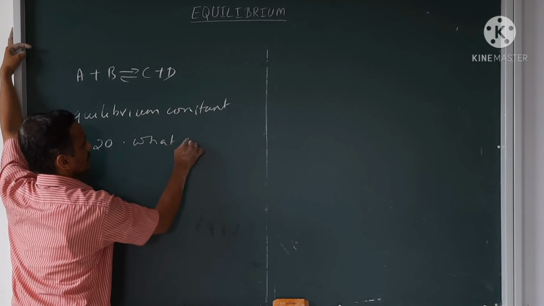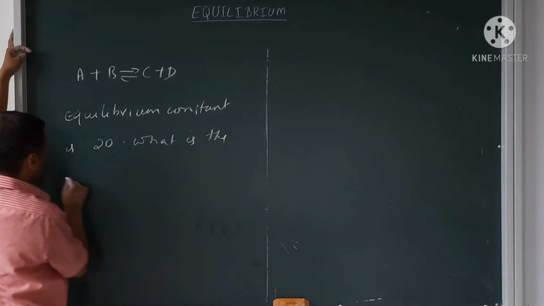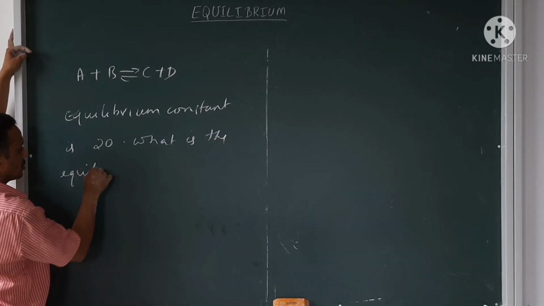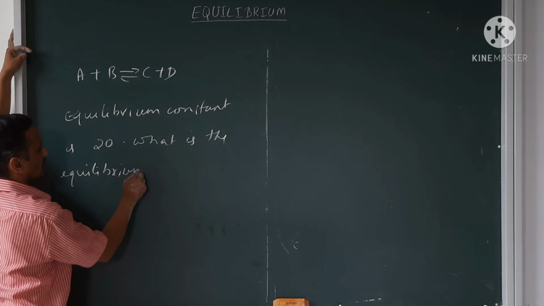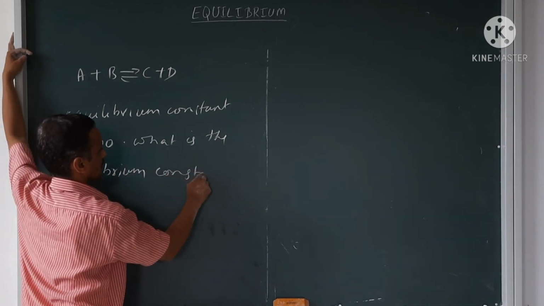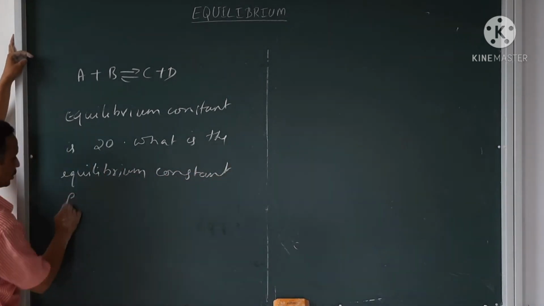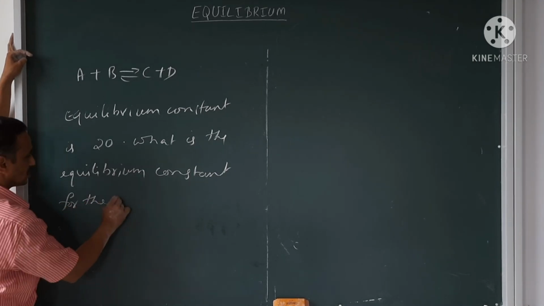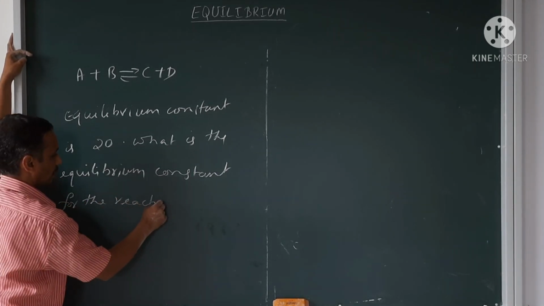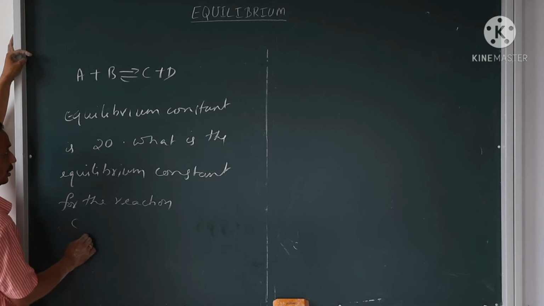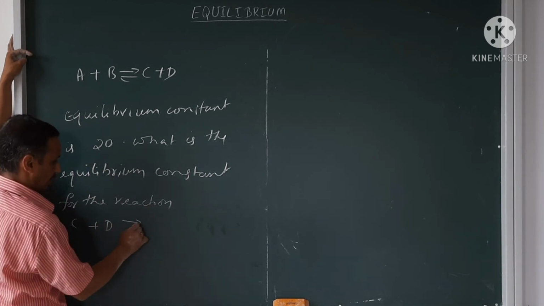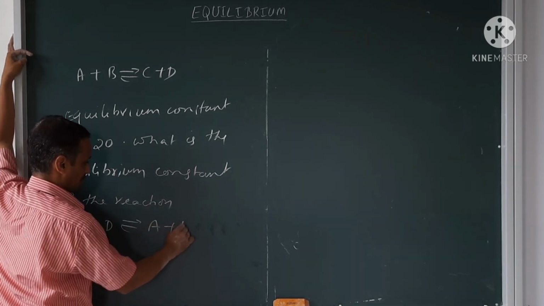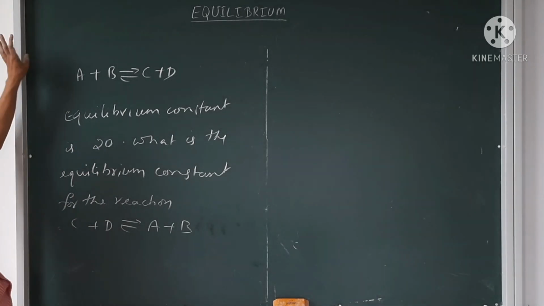What is the equilibrium constant for the reaction C plus D giving A plus B?